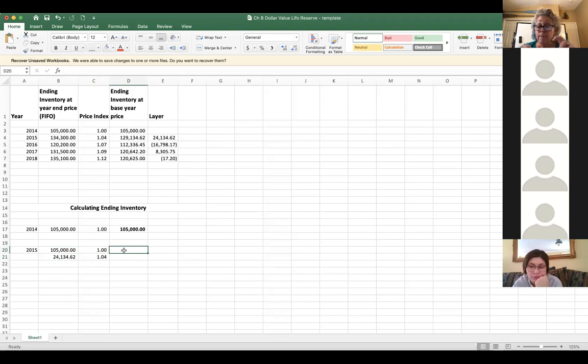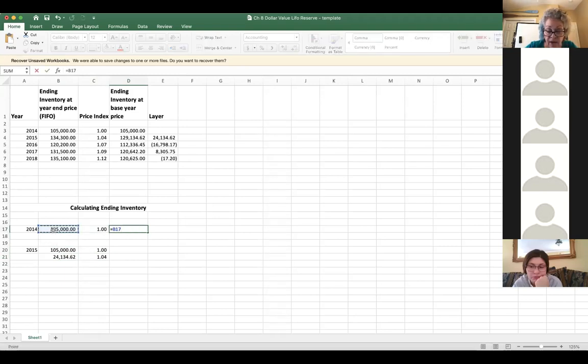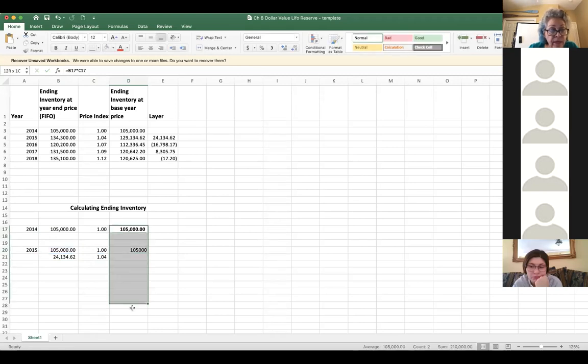So now we're going to multiply to reinflate, just like I did. Well, this actually should be equal to the 105 times the 1. So if I take the 105 times the price index, we know that we're going to end up with the base year being the same because of the price index of 1.